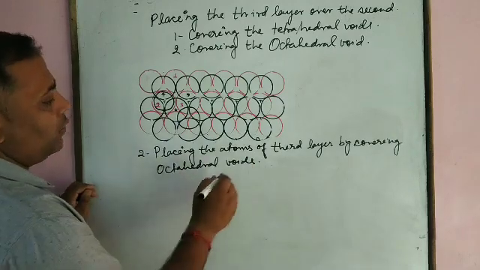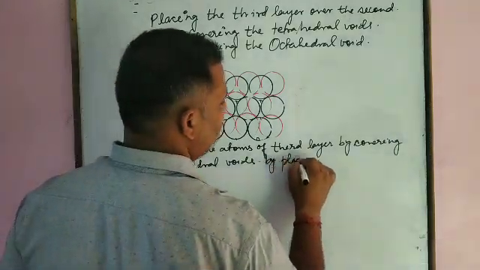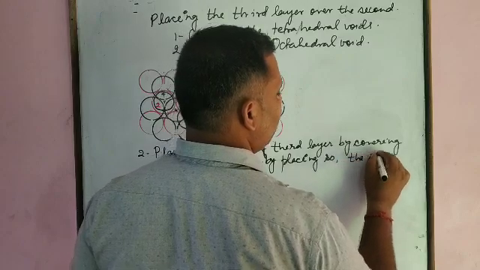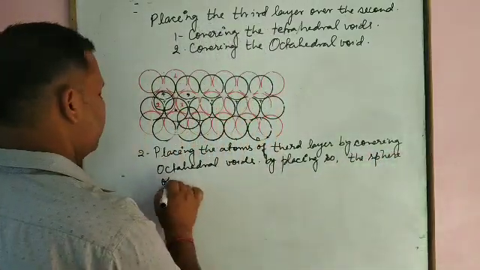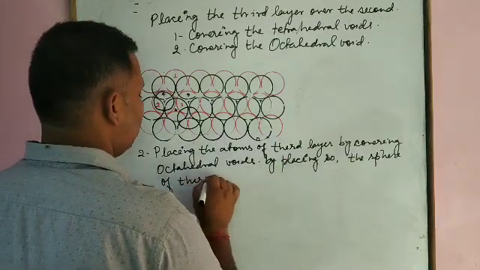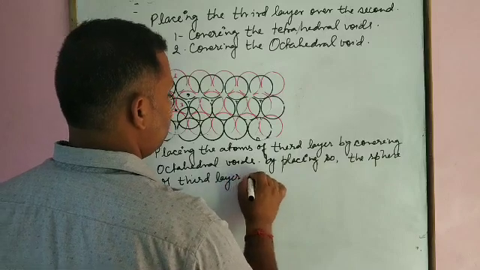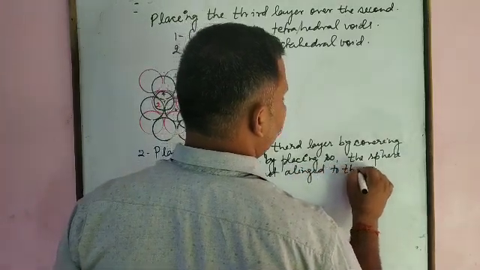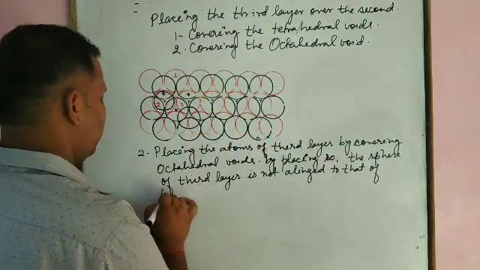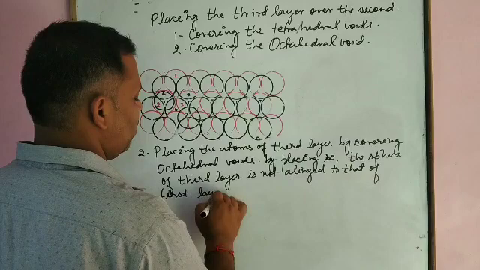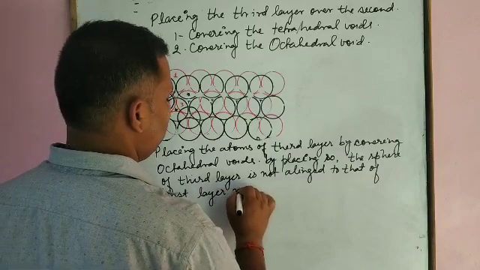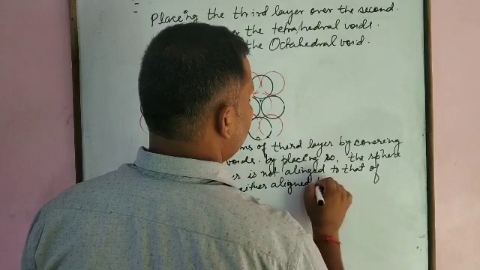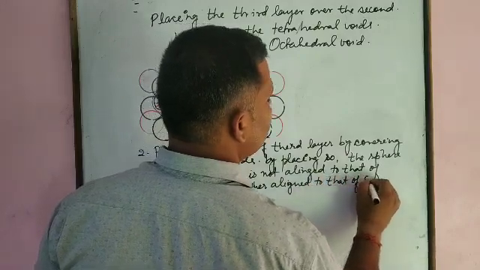It means that by placing so, the sphere of the third layer is not aligned to that of the first layer, neither aligned to that of the second layer.